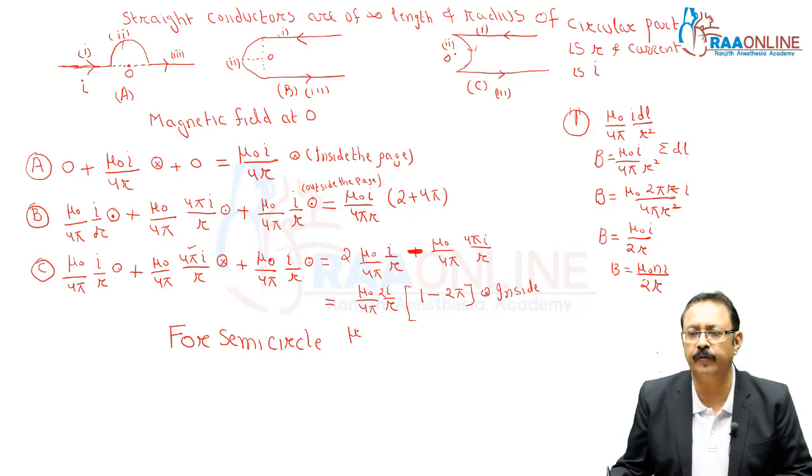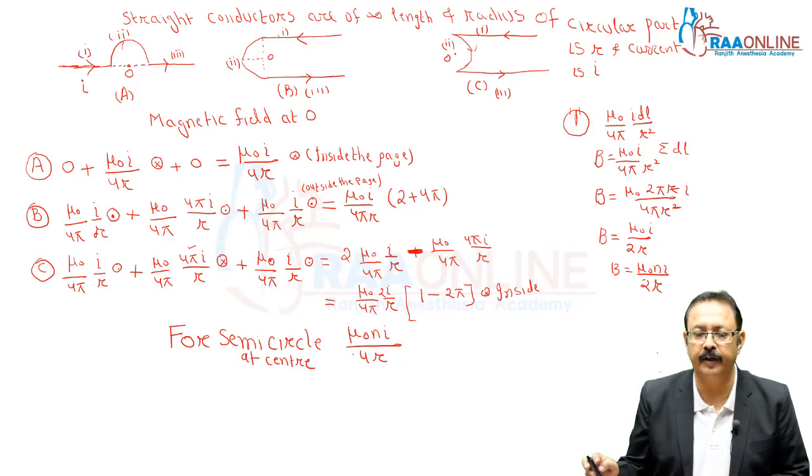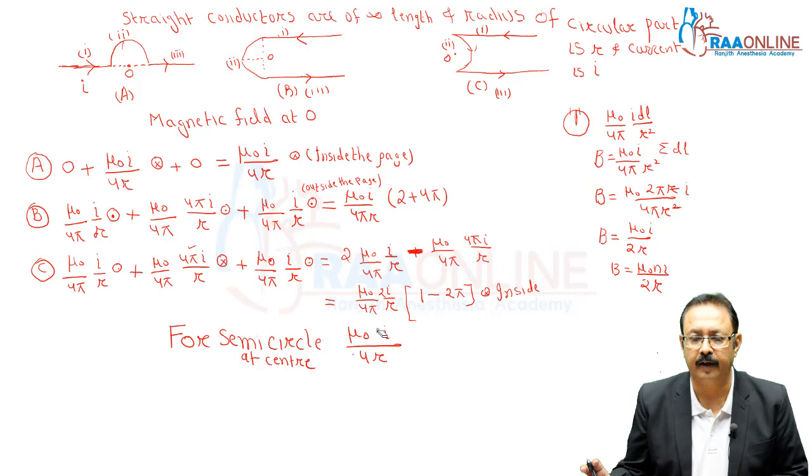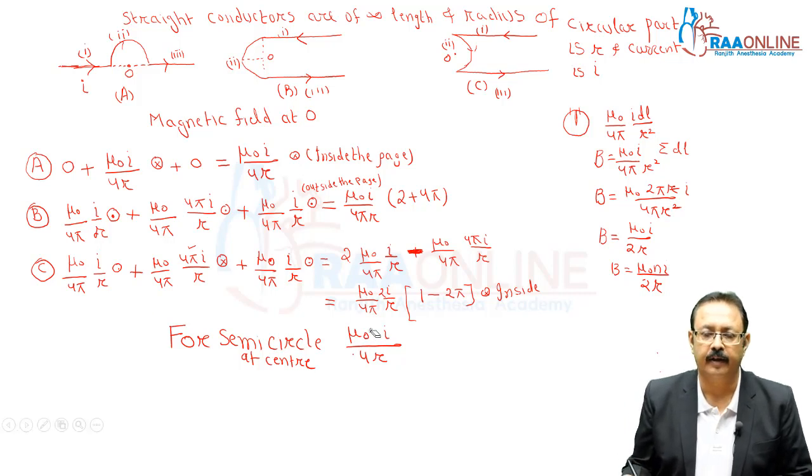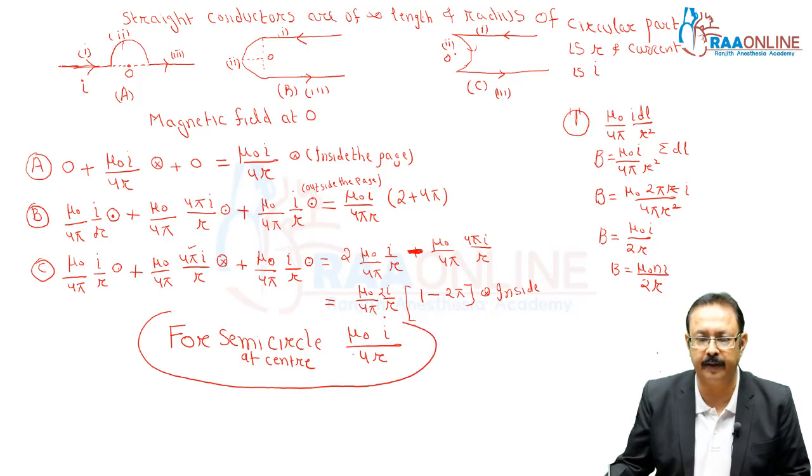In place of mu naught I by 2r, you will get mu naught I by 4r at the center, if one turn is there. You can remember this formula separately.